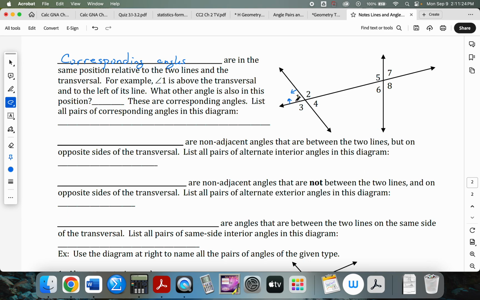Now, if I move, remember, trans means to cross or to move, to this set, what angle in this set is above the transversal and to the left of its line? Angle 5, exactly right. So that's one pair of corresponding angles, angle 1 and angle 5.